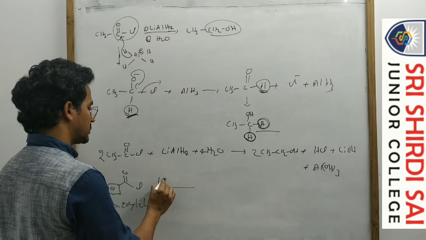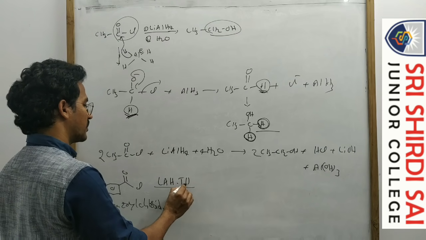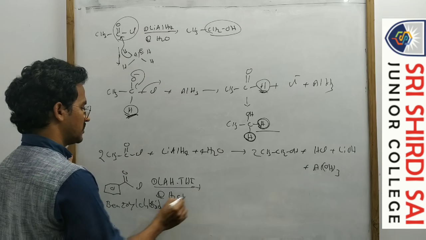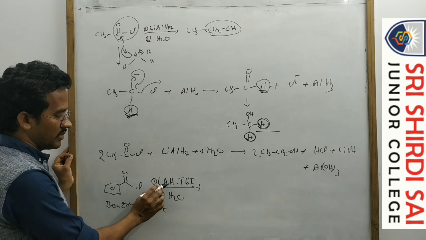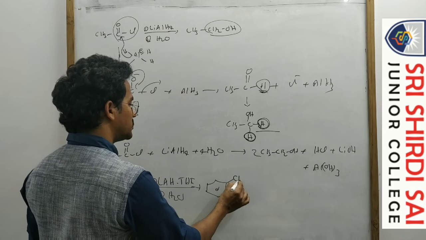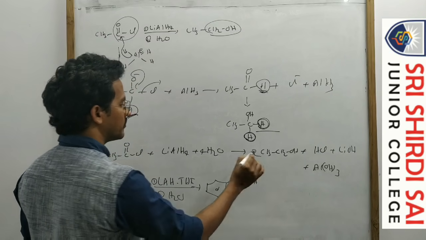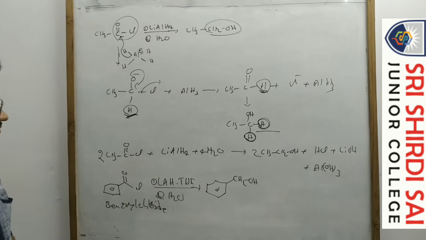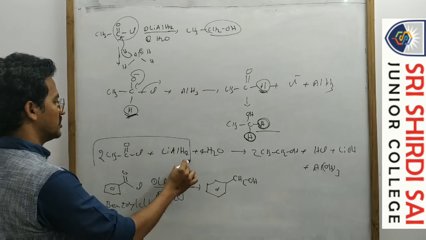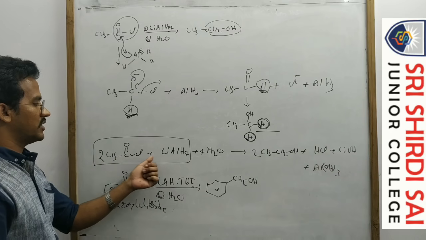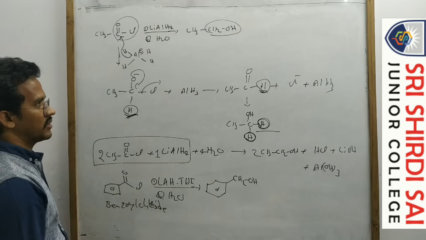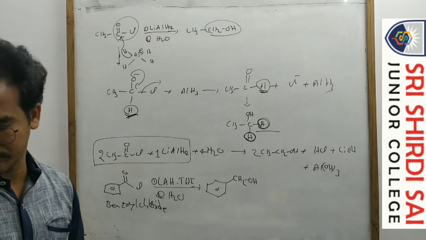This benzoyl chloride on reduction with LiAlH4 in tetrahydrofuran, followed by hydrolysis, converts to benzyl alcohol. So the important point is that 2 equivalents of acid halide are reduced by 1 equivalent of the LiAlH4.